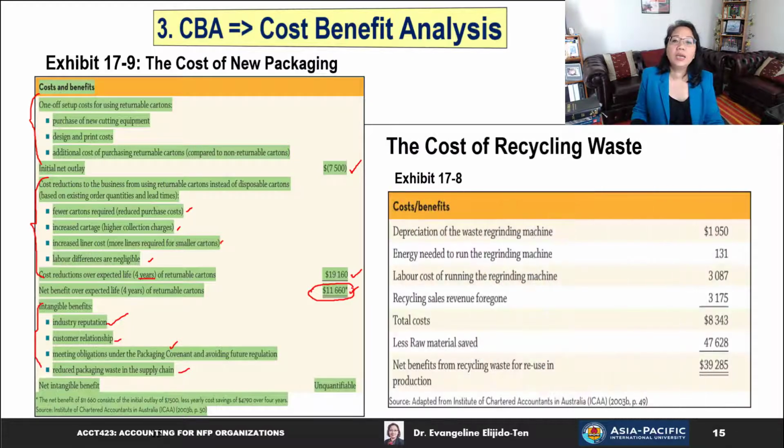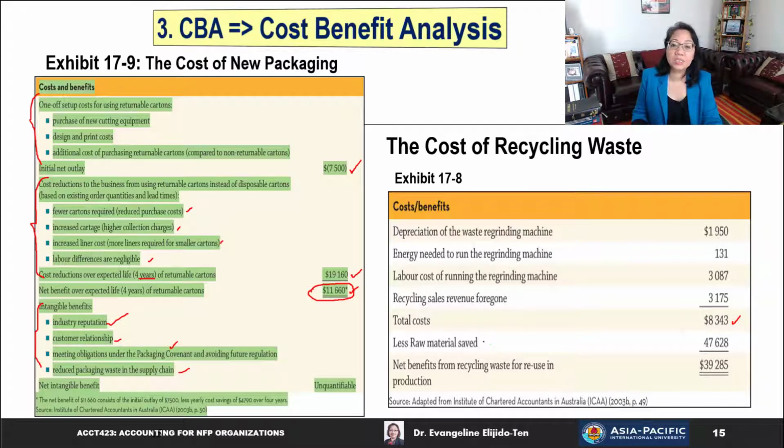All right. Another thing, the cost of recycling waste could be another opportunity where we could do a CBA, a cost benefit analysis. So here we've got the depreciation of the waste regrinding machine, energy needed to run the regrinding machine, and we're looking at recycling of the waste here. Instead of dumping this waste into the landfill, we are regrinding it. All right, and so we have total costs of 8,343, these are the costs that we will incur.